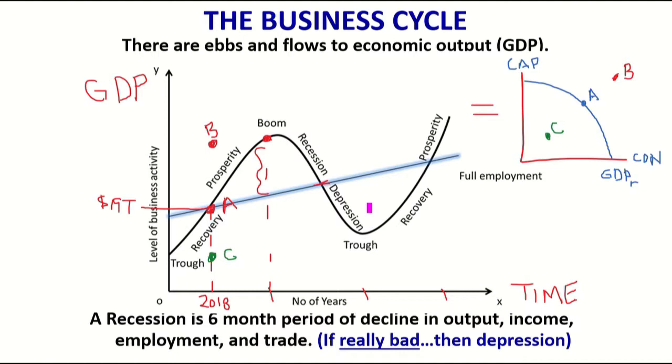For a long time, we thought the business cycle really doesn't exist anymore. The great moderation, we're doing very well. But we still see these ebb and flows happening constantly in our economic history, so there's no reason to say that they're gone.